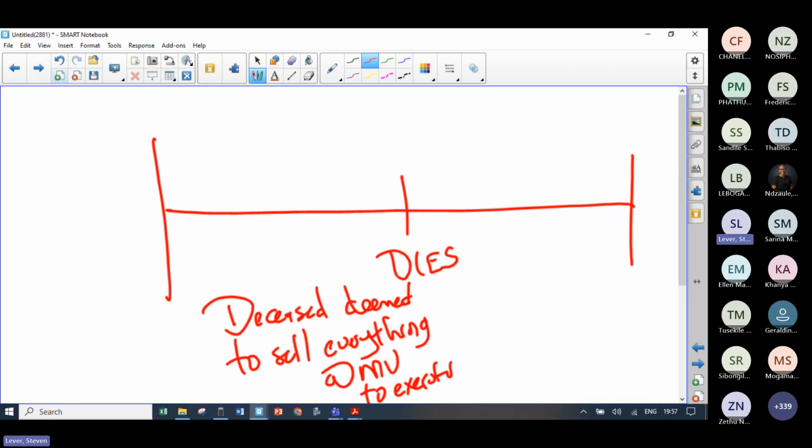If it goes to the wife, guys, it goes at base cost. You step into the shoes of your spouse. So the deceased is deemed to sell everything at market value to the executor.